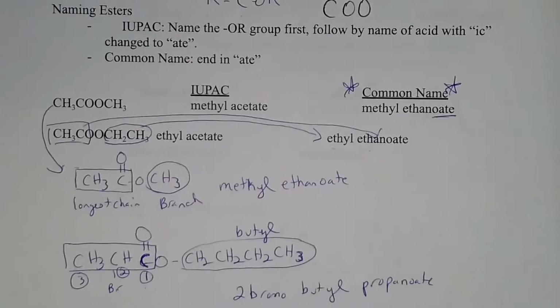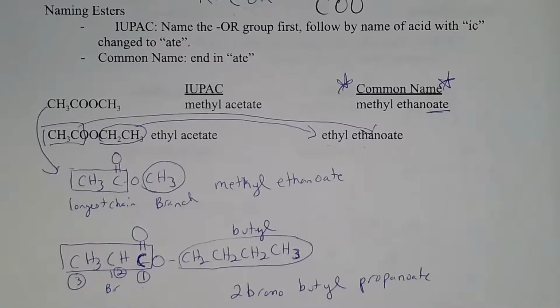So here is the trickiest part of the esters. You're going to have carbons off of the oxygen, and then you have carbons off of the C double bond O segment. What I put in the box here is going to be what we call the longest chain, even if it isn't the longest chain.